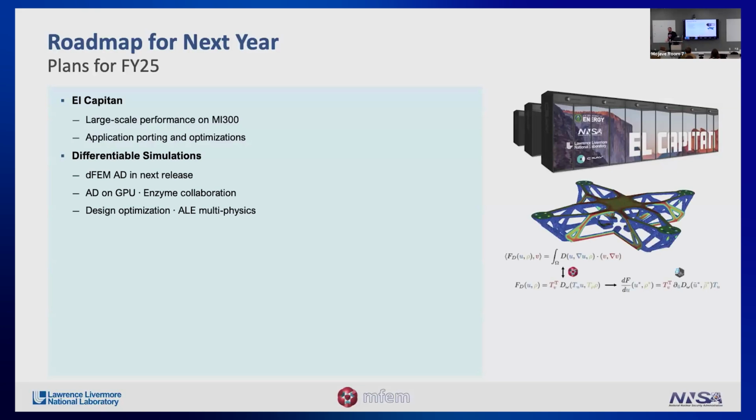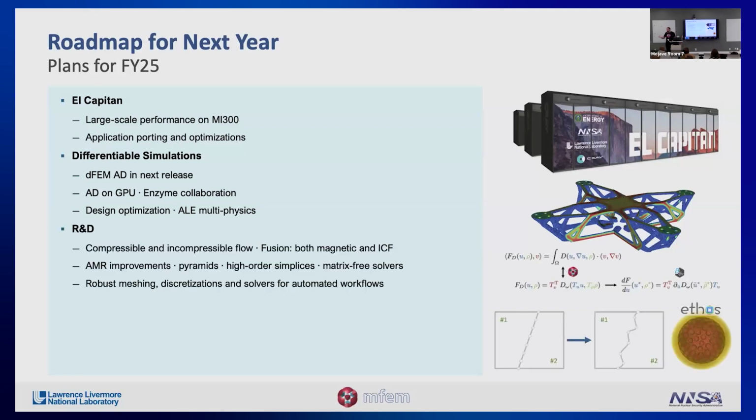I would say the second main thing for us is differentiable simulations and pushing on the work in DFEM. We want this to be part of the next release. We want it, of course, to work well on GPUs, to continue to collaborate with Enzyme, and to apply to problems like design optimization and some of our big codes, the multiphysics codes, which is quite challenging.